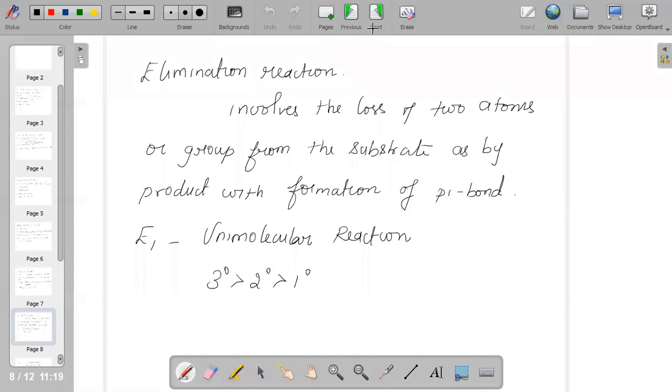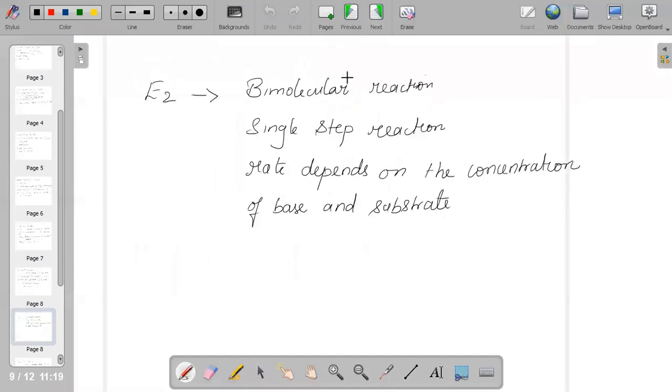When we talk about the E2 reaction, it is a bimolecular, single-step reaction whose rate depends on the concentration of the base and the substrate. Reactivity depends on both the strength of the base and the nature of the alkyl halide, and both determine the speed of the reaction.